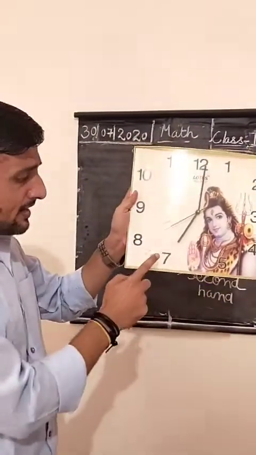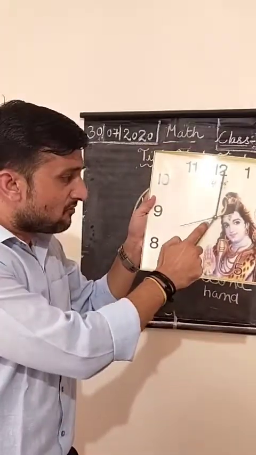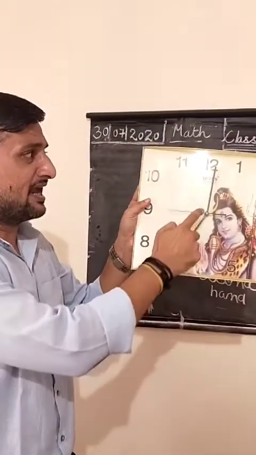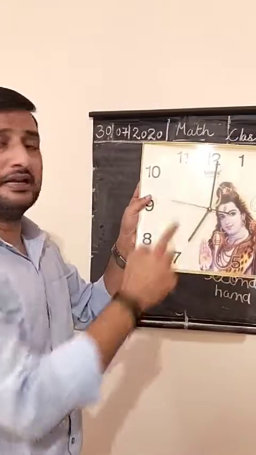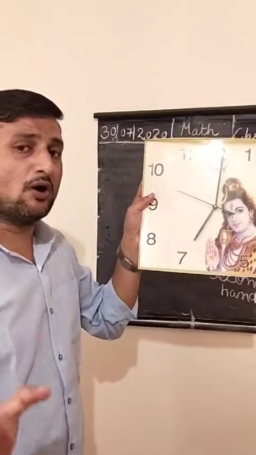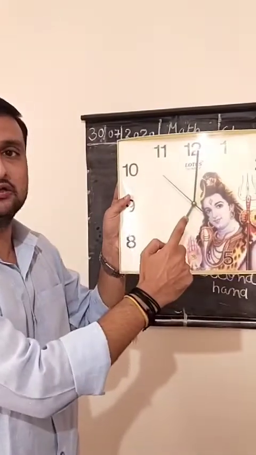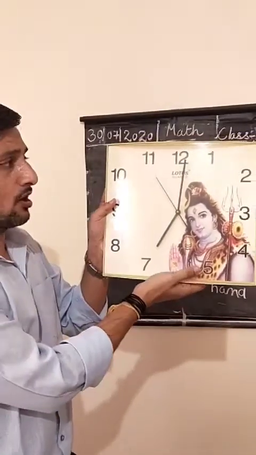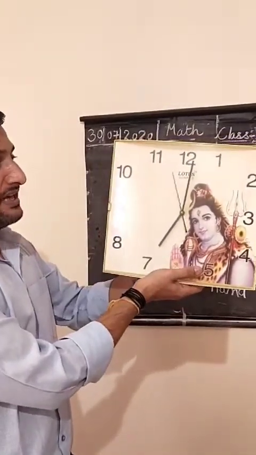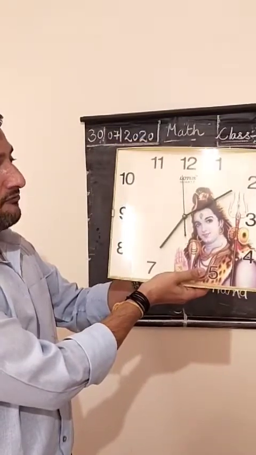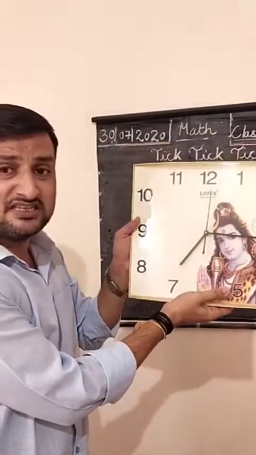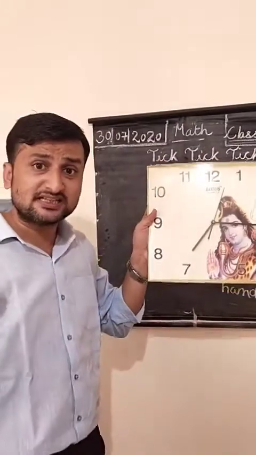My hour hand is on 7 and my minute hand is on 12. It means that my hour hand is on 7, so it is 7 o'clock. Now, if my minute hand is on 3, what is the time?